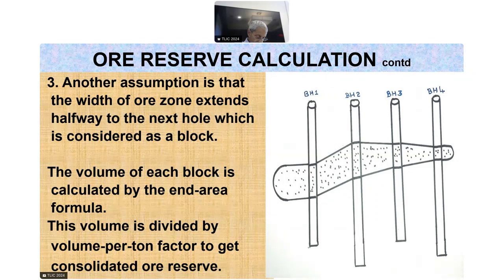Then the tonnage factor is provided for the convenience of converting volume to weight. In the English system, the tonnage factor is normally expressed as cubic feet per ton of ore. How many cubic feet are occupied per ton of ore?